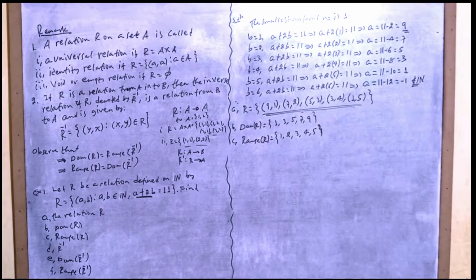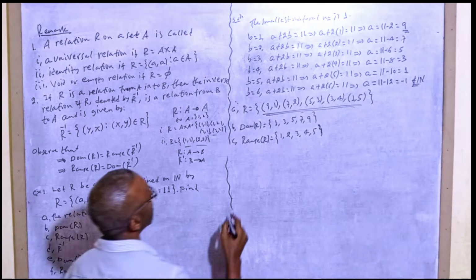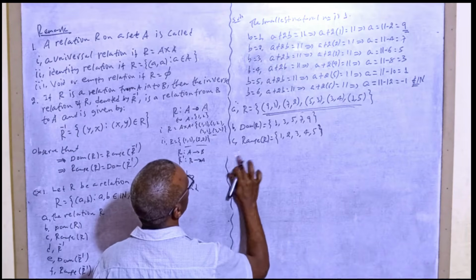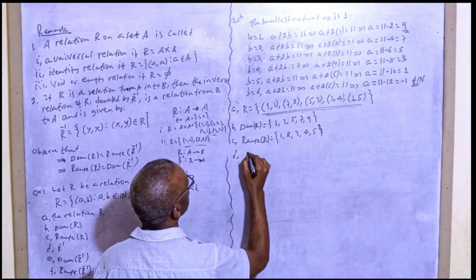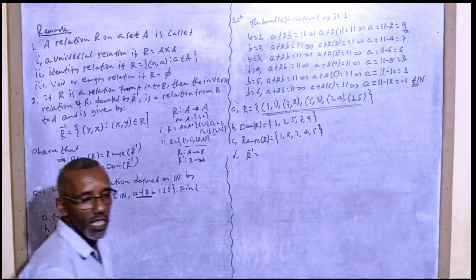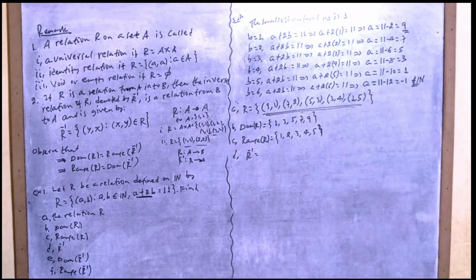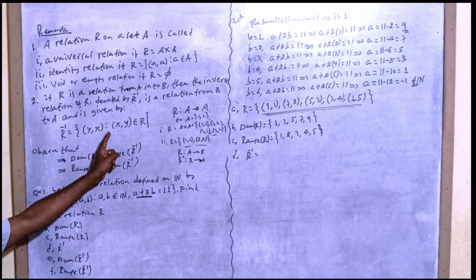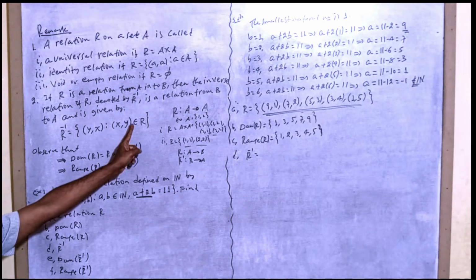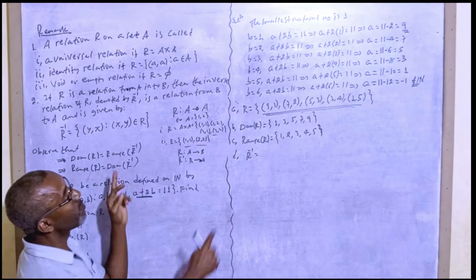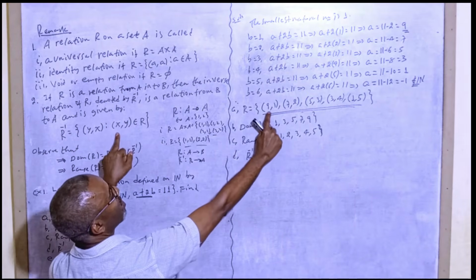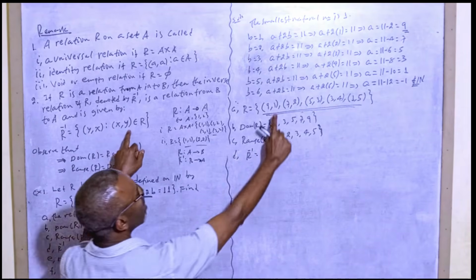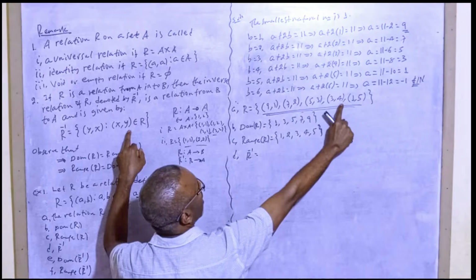d, R inverse is the set containing (y, x) such that (x, y) is an element of R. X is the first coordinate, which here is 9, 7, 5, 3, 1. Y is 1, 2, 3, 4, 5.